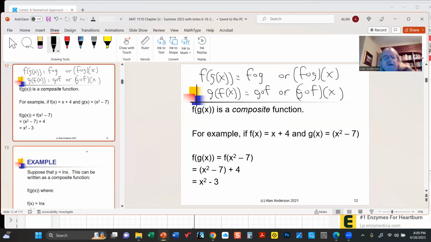So I thought I'd throw you a quick example of how this works. Let's say you have something like this. f of x is x plus 4. g of x is x squared minus 7. Now, you know already how to evaluate a function. Let's say that we're trying to figure out f of 3. And then g of 3 would simply be.